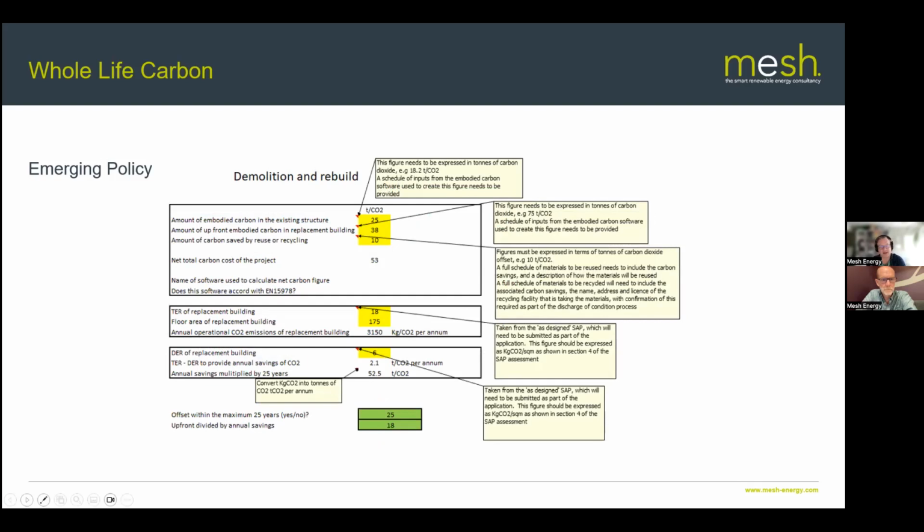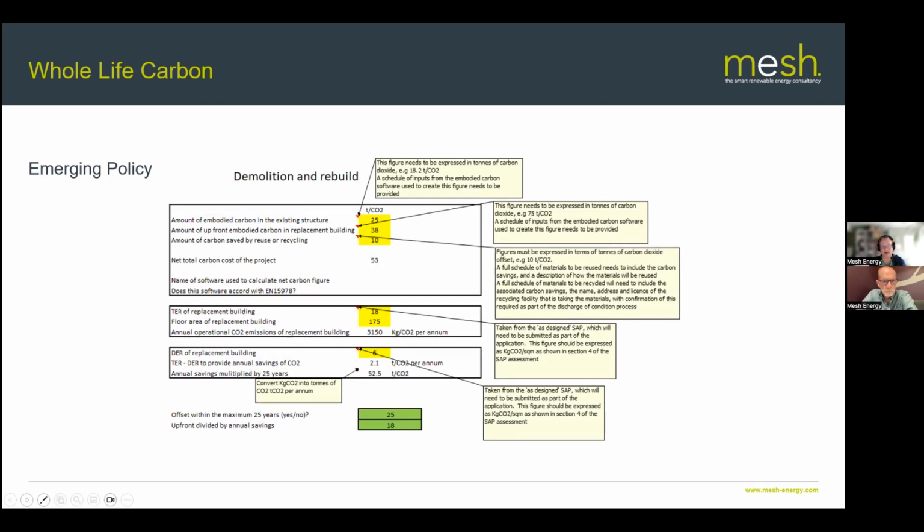This particular calculator is a little bit more tricky because what it's doing is asking us to calculate the embodied carbon of an existing building, and then the amount of upfront embodied carbon in the proposed replacement building.